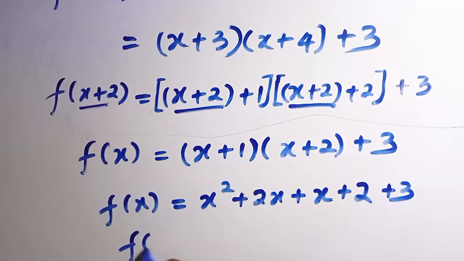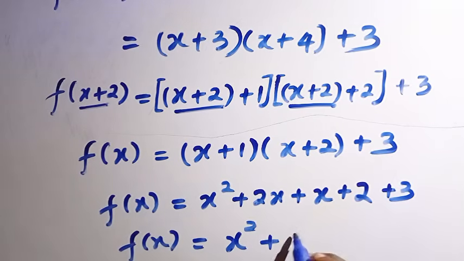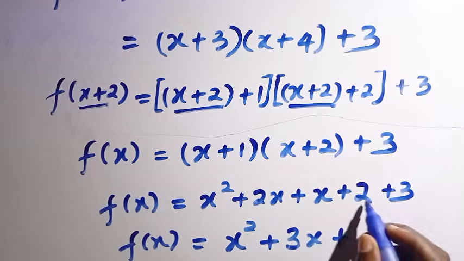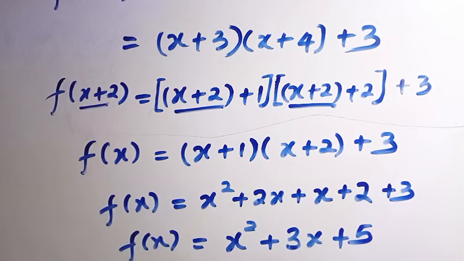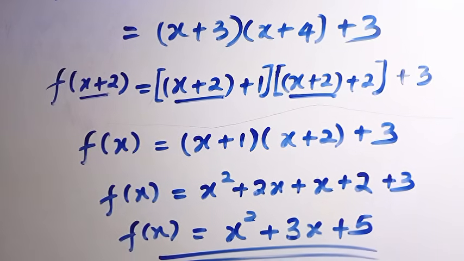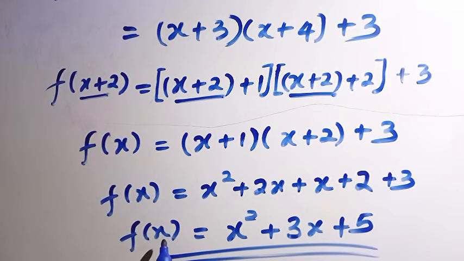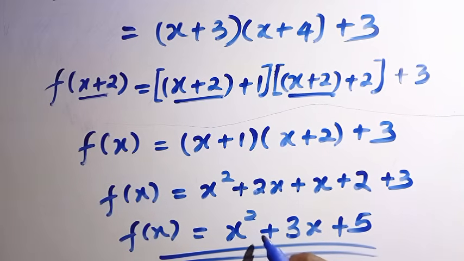So the final step is f of x equals x squared plus 2x plus x gives us 3x, plus 2 plus 3, that is 5. This is a reduced form of the equation. We reduce it from f of x plus 2 down to f of x, and we got x squared plus 3x plus 5.